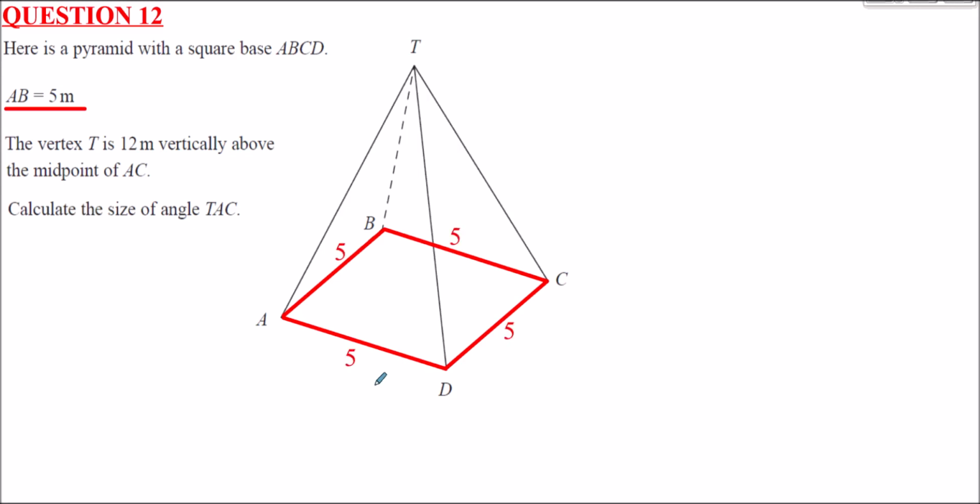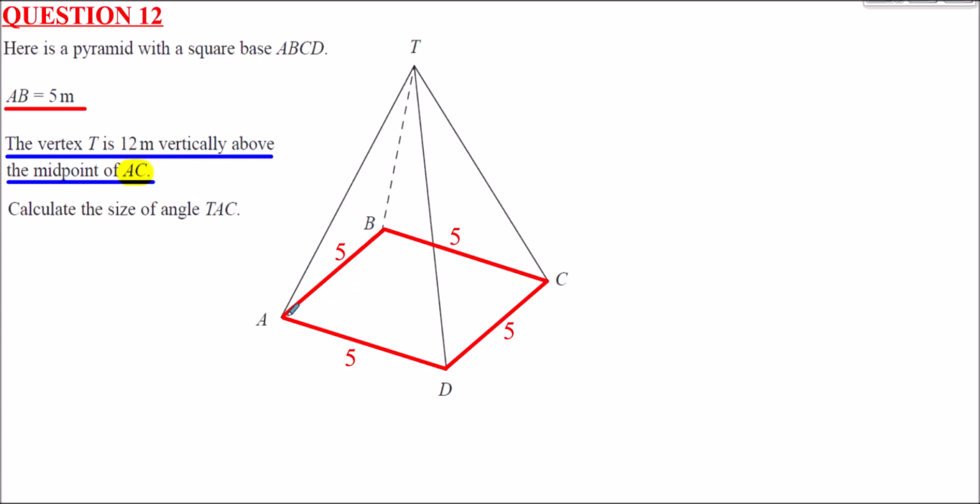So what else are we told? We're also told that this vertex T is 12 meters vertically above the midpoint of AC. So T is this one here. This T is going to be 12 meters higher than the base of this square, and more than that, it's vertically above the midpoint of from A to C. So what's AC?